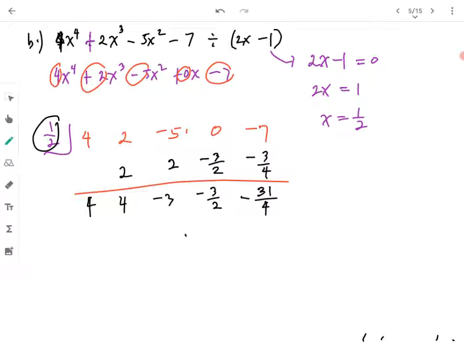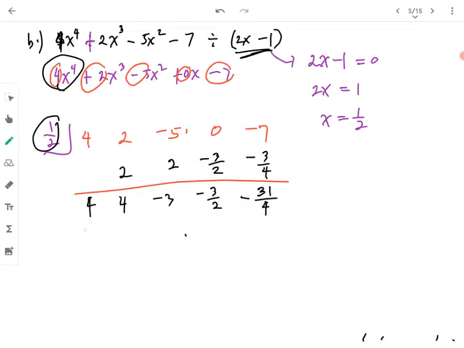In this case, from x raised to 4, we will move a little backward to x cubed. So our dividend is x raised to 4, and our quotient will be x cubed because our divisor is linear. So quartic divided by linear, the result is cubic.